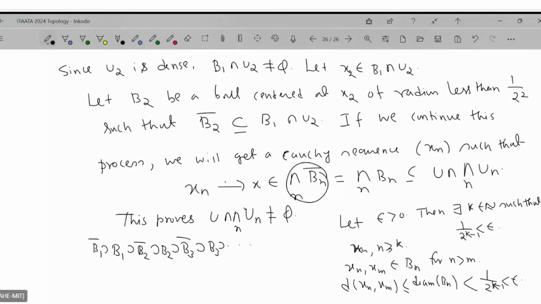Okay, another thing is that now can you say that the set of all irrational numbers is non-meager? R is a complete metric space. So a complete metric space is a Baire space. So now how are we going to relate this?